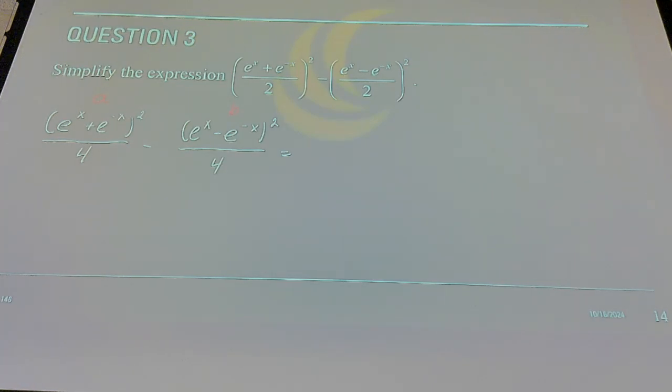Well, even the negative x's drop out, right? You're left with 2e to the x. Times a minus b, which is 2e to the minus x.